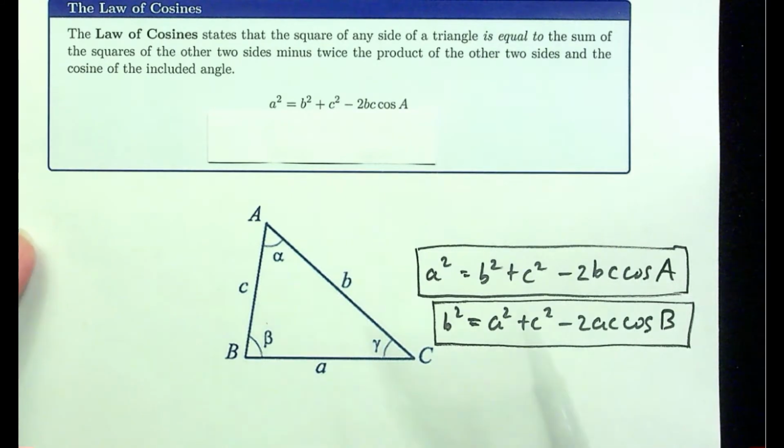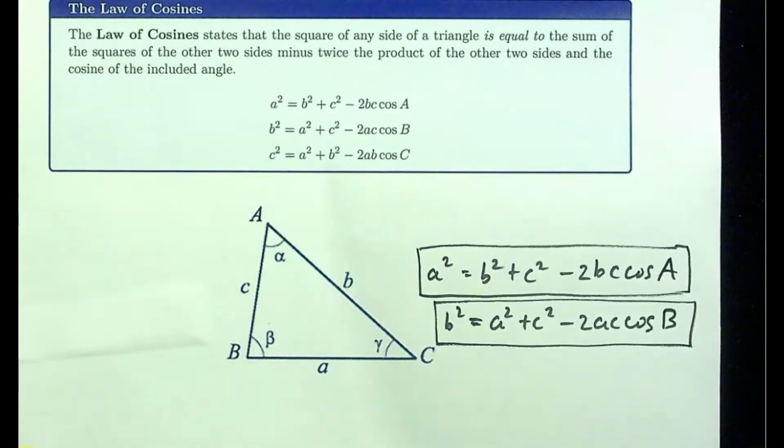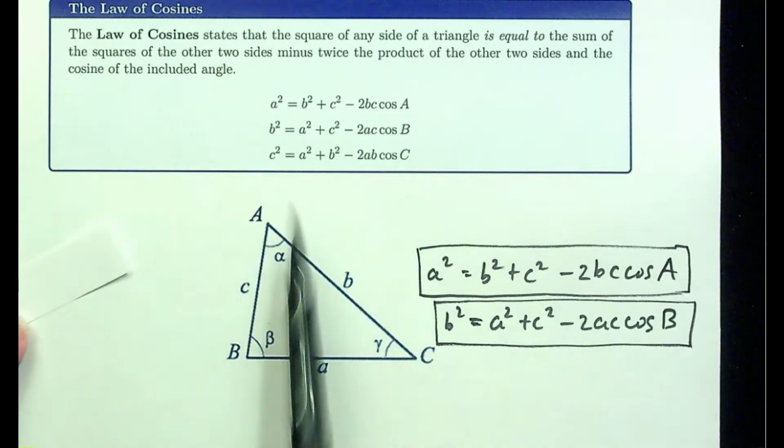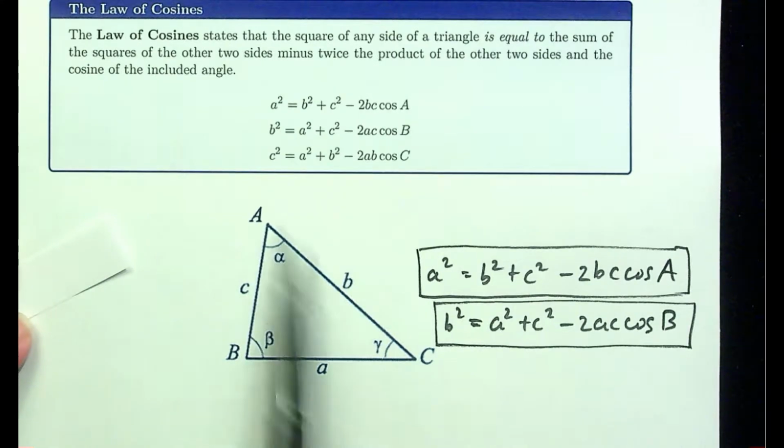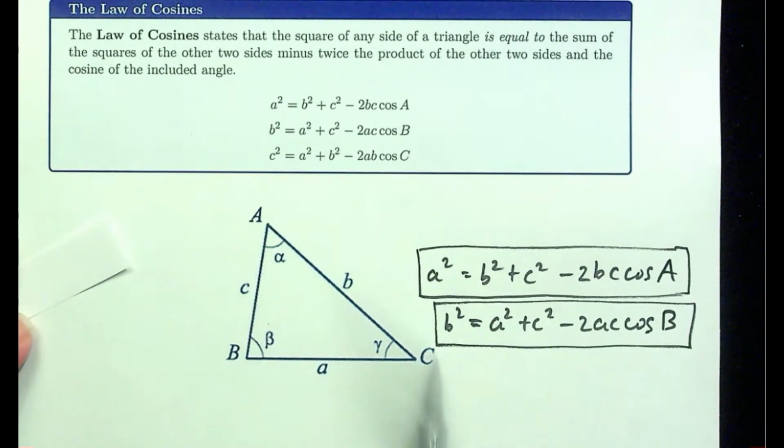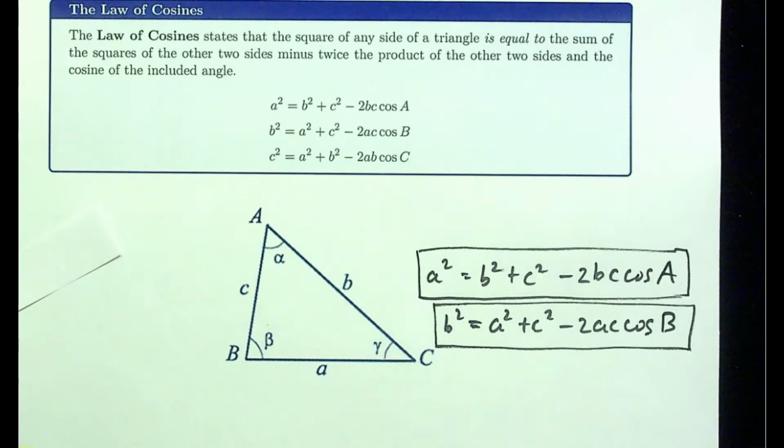You can do this for any of the three sides. If I do this for the third side, I would get the third version, which would be c squared equals a squared plus b squared minus 2ab times the cosine of the angle between them, which is capital C. So that's what the law of cosines says.